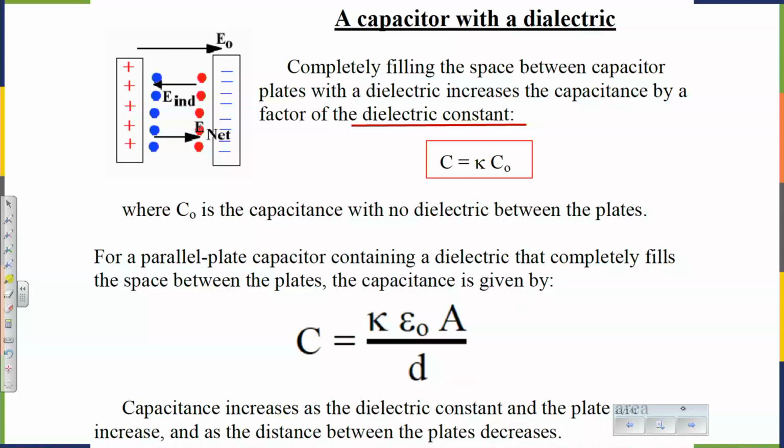That is why, if we want to increase the capacitance of a parallel plate capacitor, we can fill it up with something, with wax, for example, plastic.